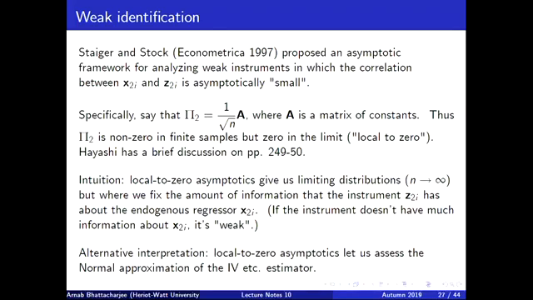So Hansen has a brief discussion. Here the asymptotic setting is different. It is called local-to-zero asymptotics. So we get limiting distributions as n goes to infinity, but we are fixing the amount of information that the instrument Z has about the endogenous regressor X2i.